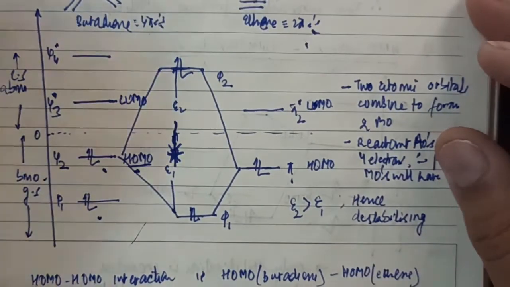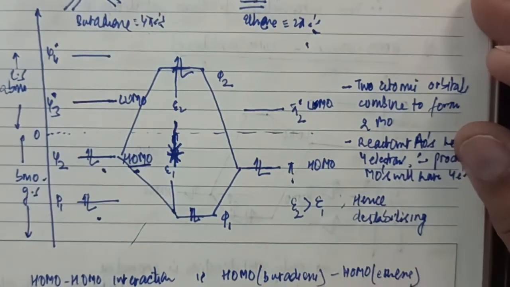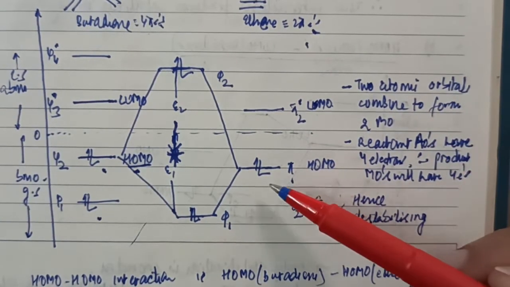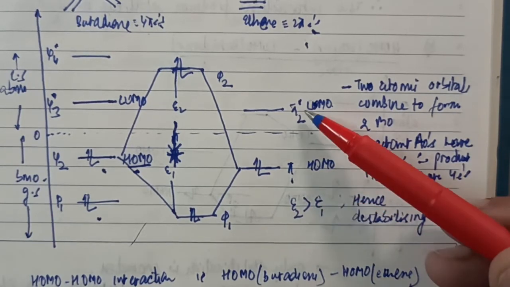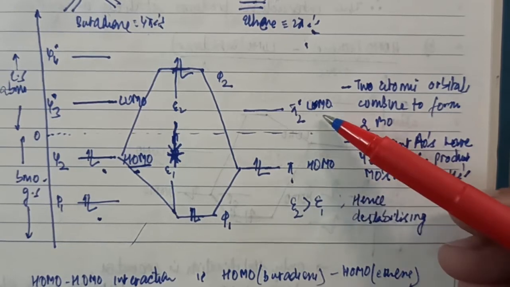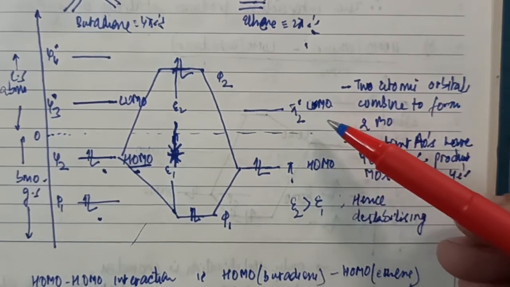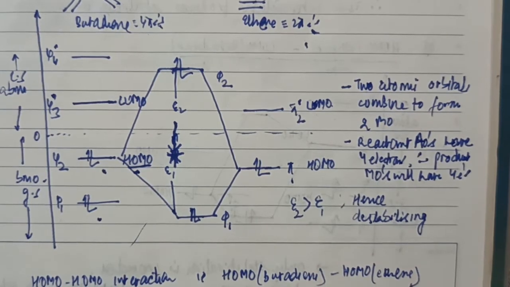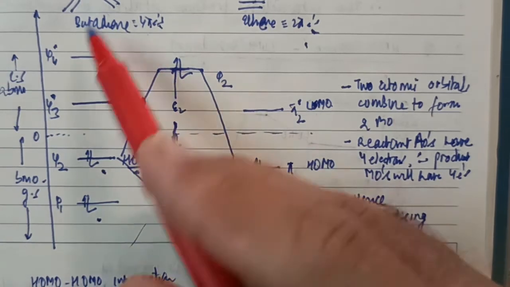Therefore, if you consider the HOMO of the dienophile, only pi1 is filled, pi2 star is empty. Occupied is only pi1, therefore pi1 is the HOMO, and of course unoccupied is only pi2 star, therefore the LUMO is pi2 star.